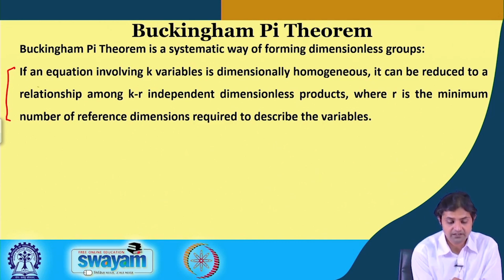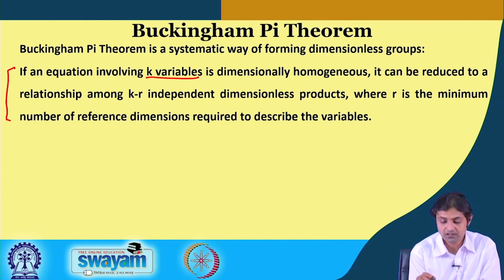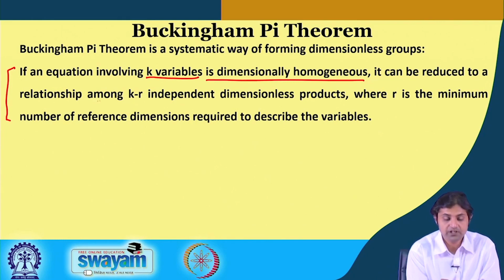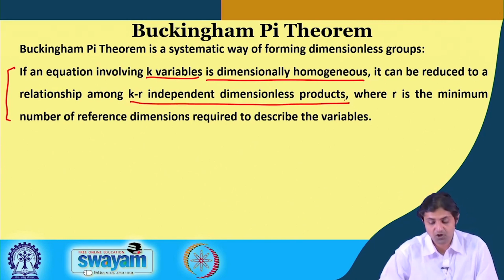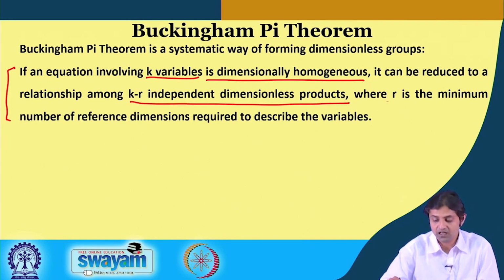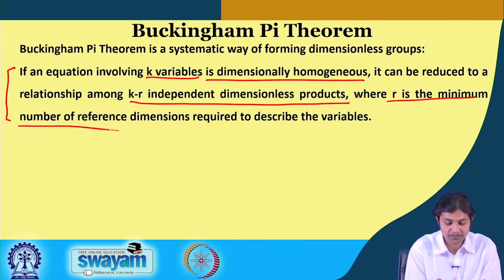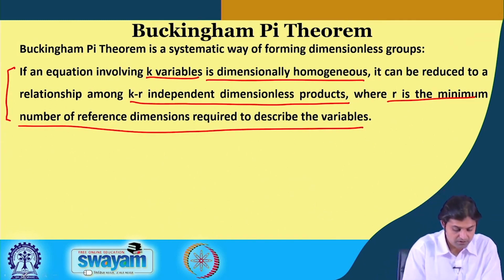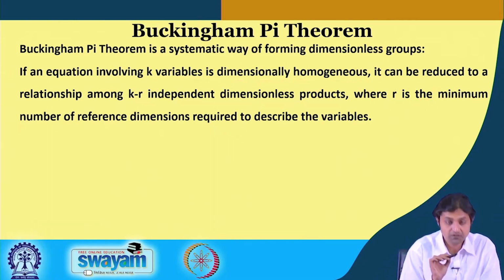It says that if an equation which involves k variables is dimensionally homogeneous, then it can be reduced to a relationship among k minus r independent dimensionless products, where r is the minimum number of reference dimensions required to describe the variables.